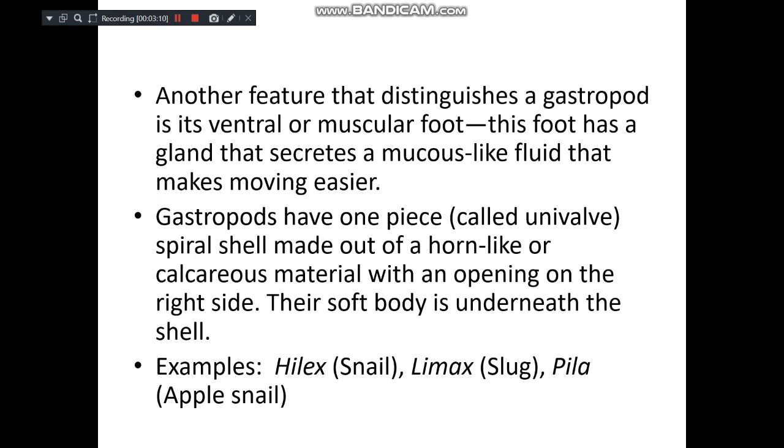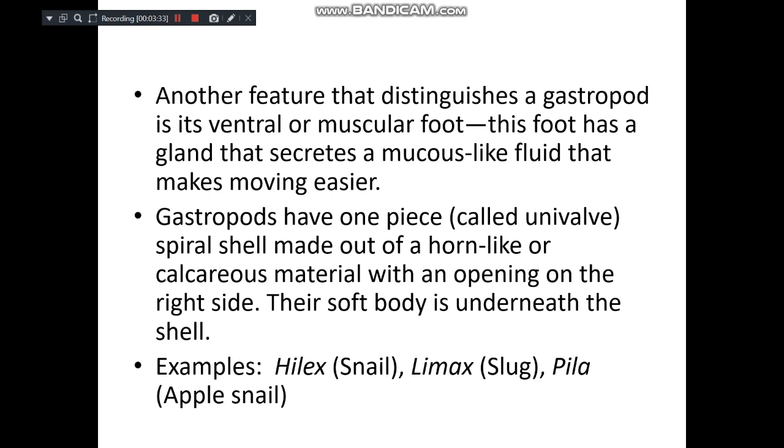First, the mucus-like fluid is secreted, and on it the animal glides. As a result, moving is made easier for them. It is very slimy, and on that they can slowly slide themselves.